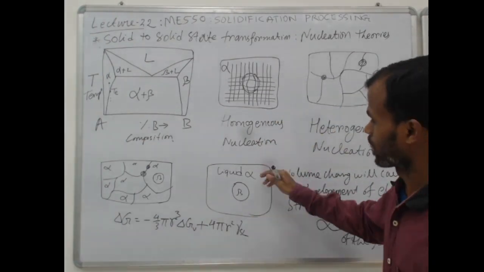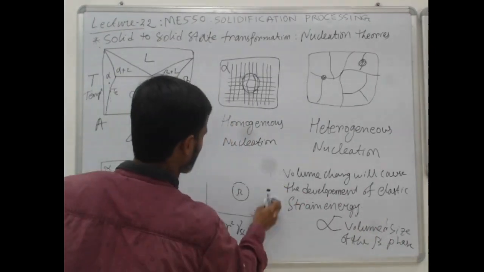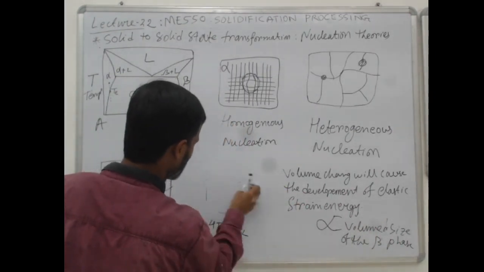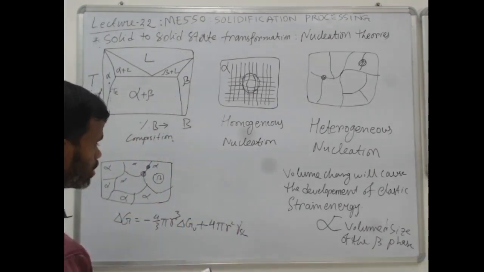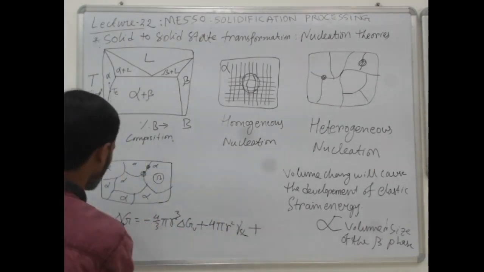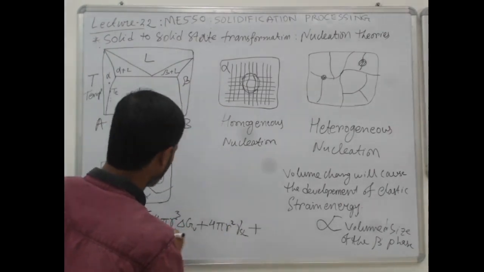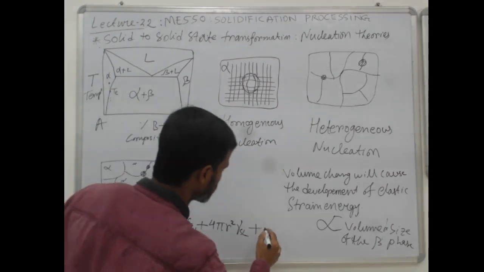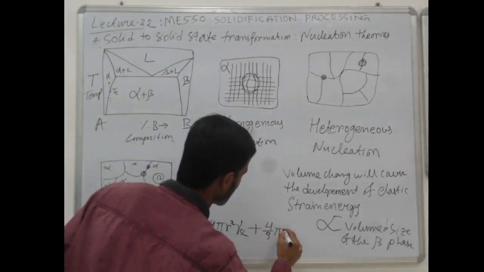So for solid to solid state transformation, we have to add one additional term into the free energy of formation equation. This will be proportional to the volume, which is 4 by 3 pi r cube.